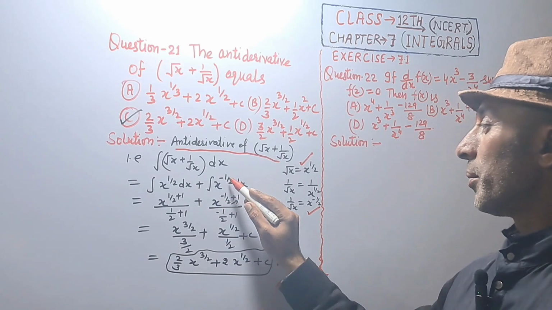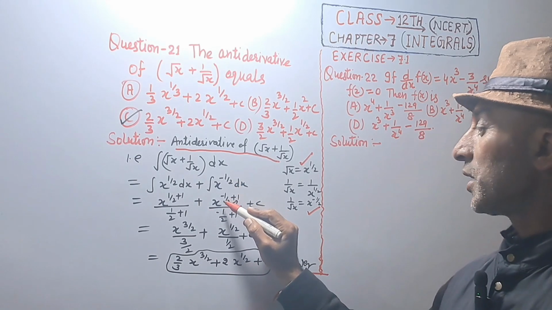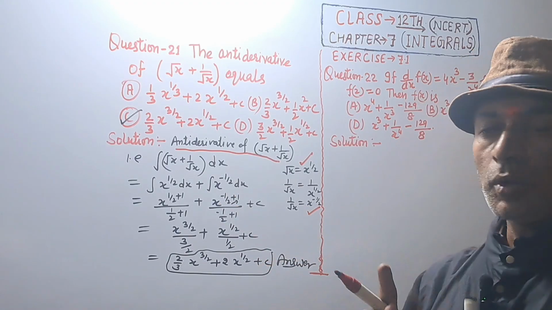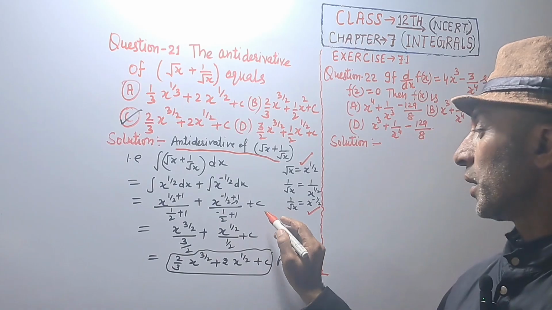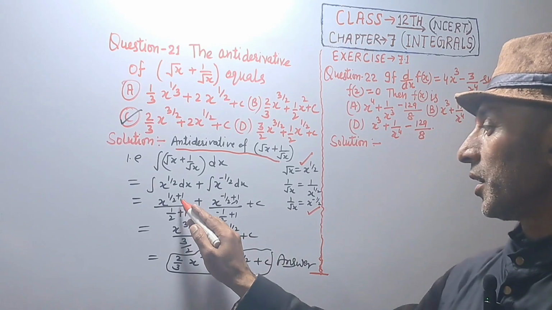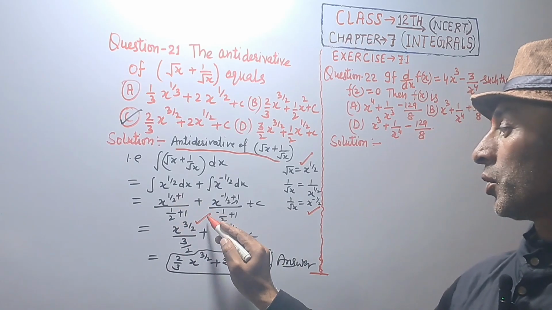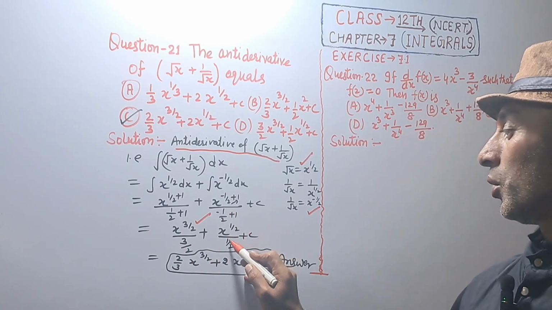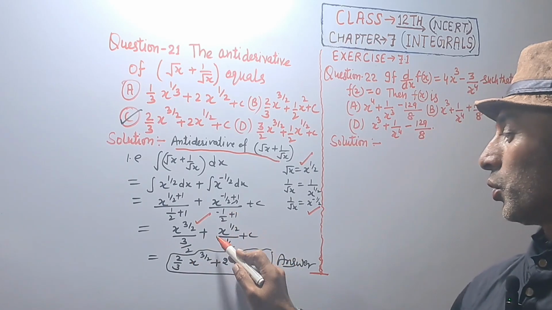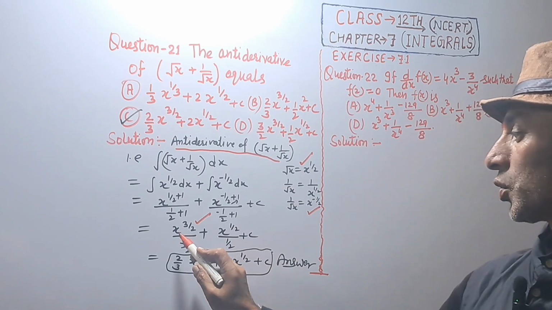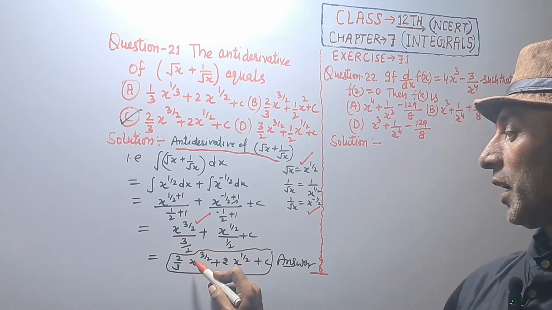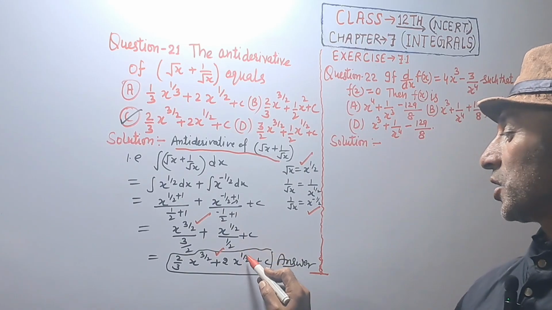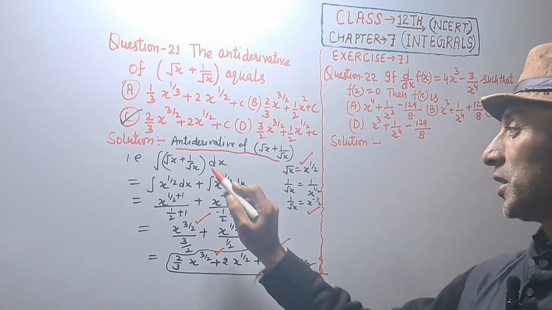Integration of x raised to power minus 1 upon 2 is x raised to power minus 1 upon 2 plus 1 upon minus 1 upon 2 plus 1 plus constant c. 2 1s are 2 plus 1, 3 upon 2: x raised to power 3 upon 2 divided by 3 upon 2, and x raised to power 1 upon 2 divided by 1 upon 2, that is 2 multiplied by x. So we get 2 upon 3 x raised to power 3 upon 2 plus 2 x raised to power 1 upon 2 plus constant c.